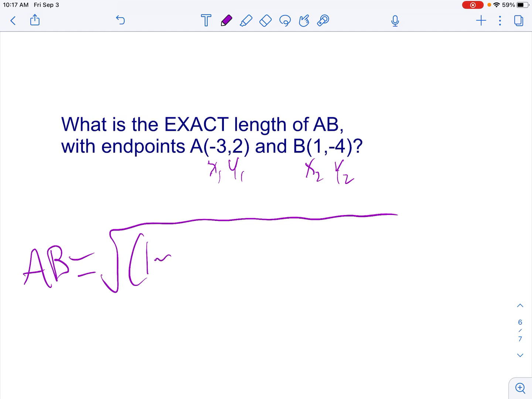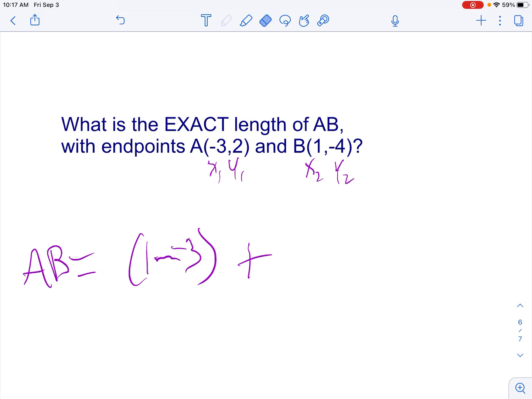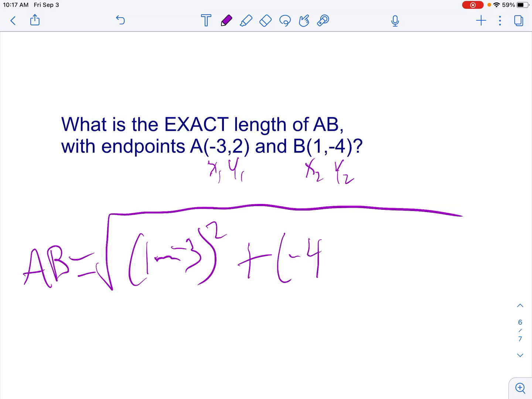X1 is negative 3. 1 subtract negative 3, and don't forget to square it. Plus y2, negative 4, subtract y1, 2, and square it.